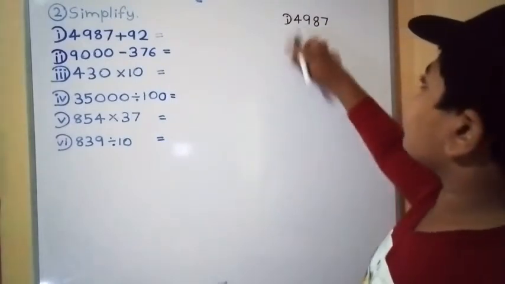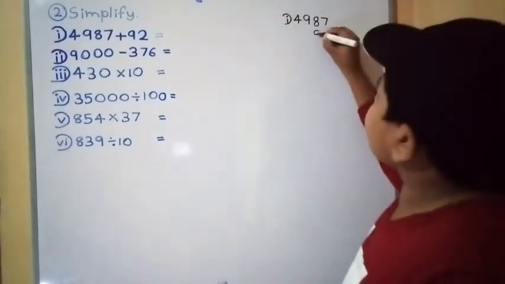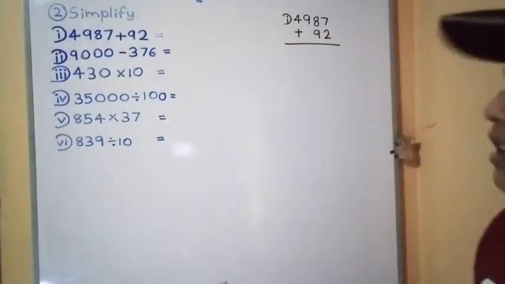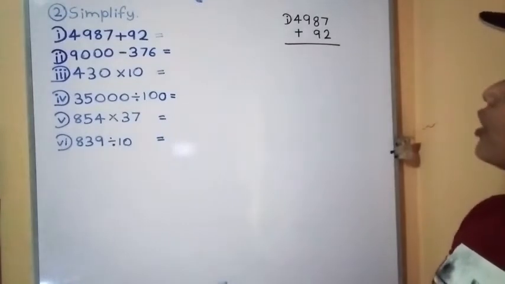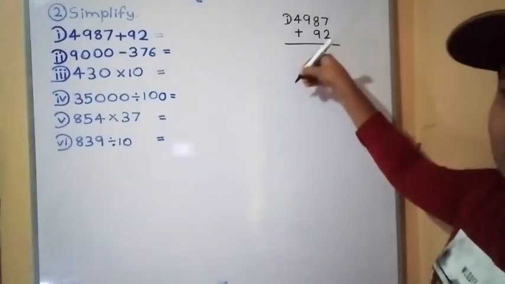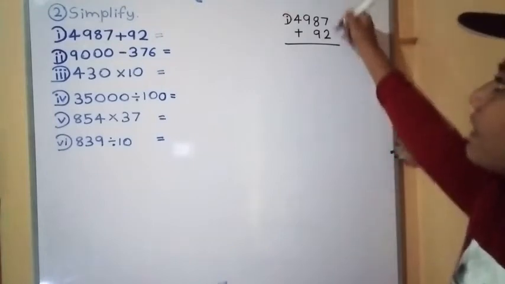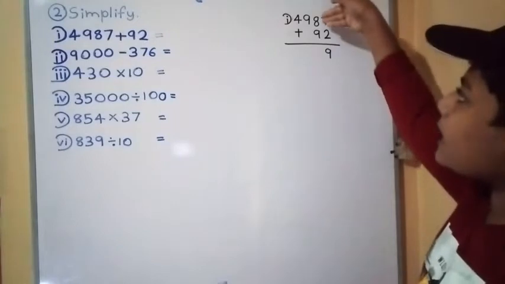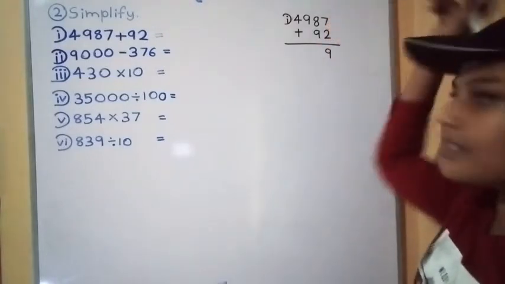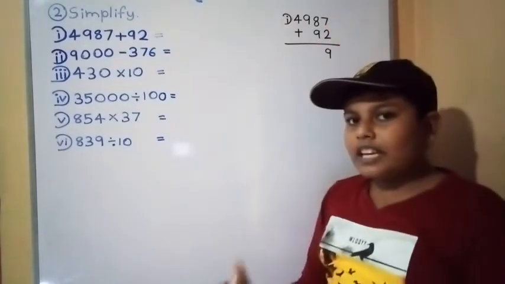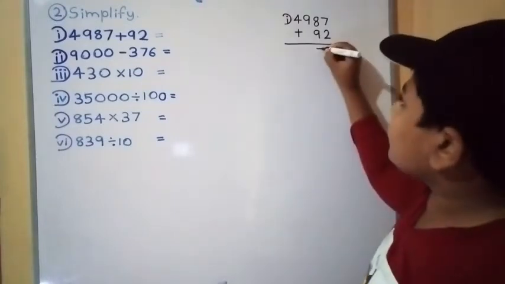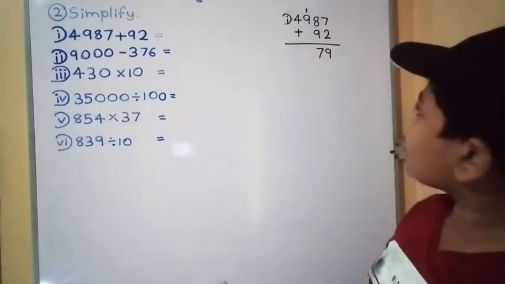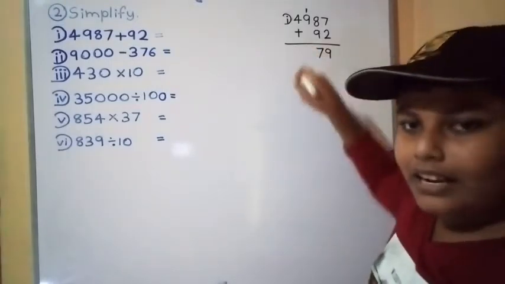You want to write them down very separately, very clearly, corresponding, right? Now, what do we want to do? We want to add firstly from there, not there, from there, right? 7 plus 2 is 9. 8 plus 9 means 17. We can't keep the 17 in there. You write only 7 in there and carry 1 there.